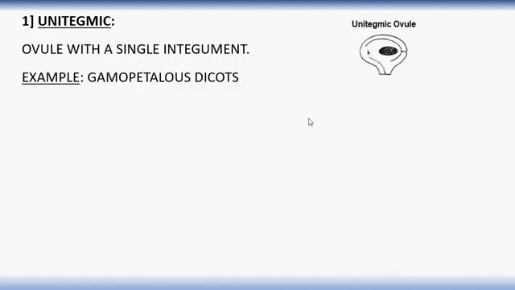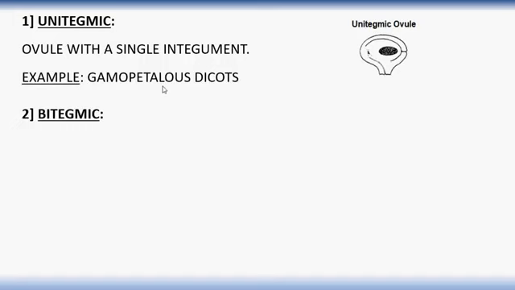Example: gamopetalous dicots. Gamopetalous means petals are fused. If petals are fused together, that condition is called gamopetalous. So dicot plants which have the gamopetalous condition, in such plants the ovules are unitegmic.